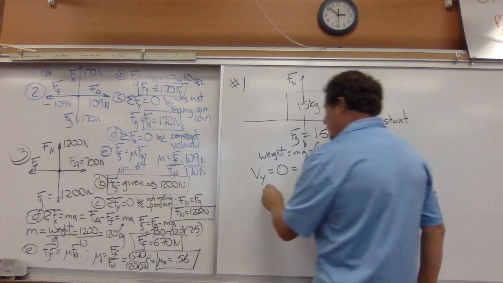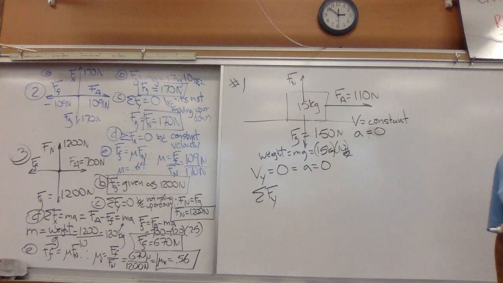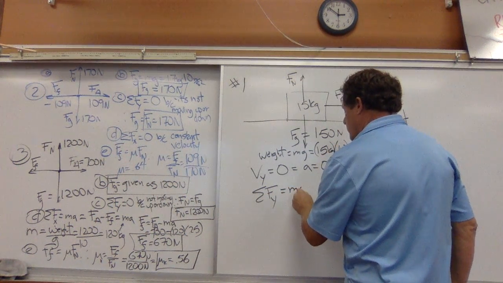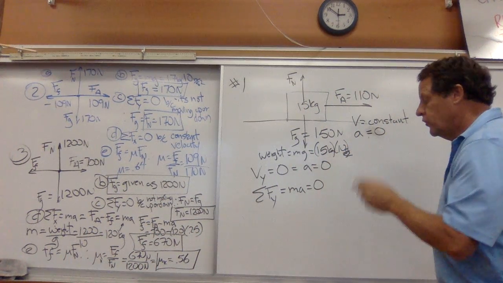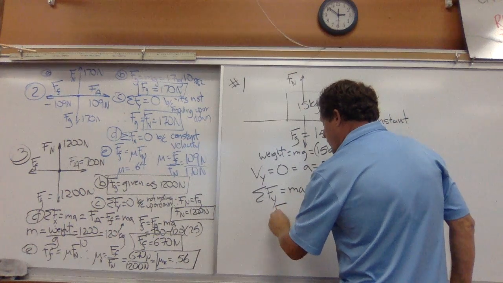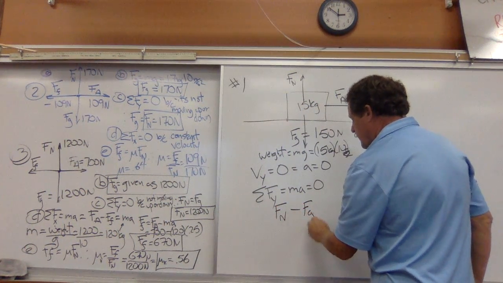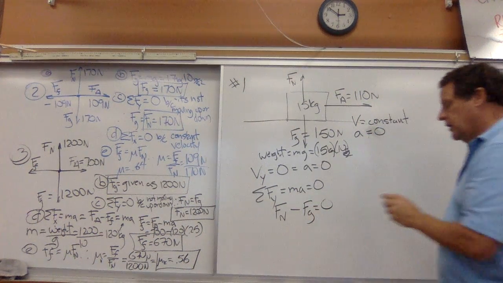It's not moving. So when we say the sum of the forces in the y direction, that's going to equal ma, but we know that that's 0, right? So we have the normal force, which is positive, minus the force of gravity is equal to 0.